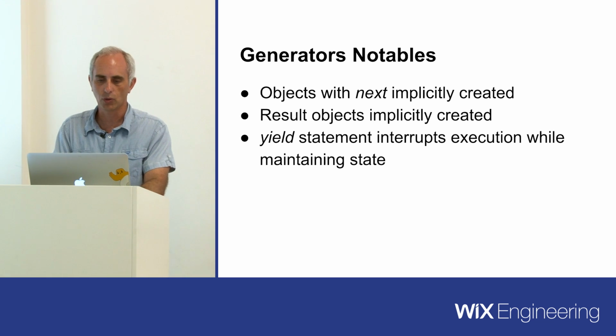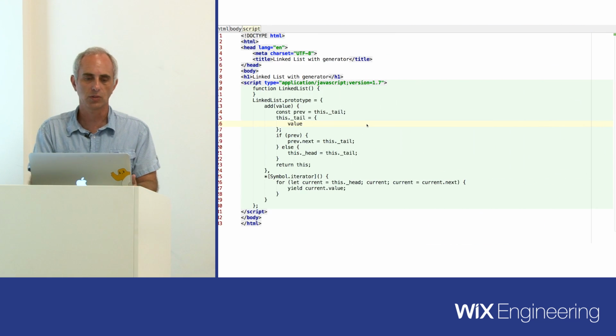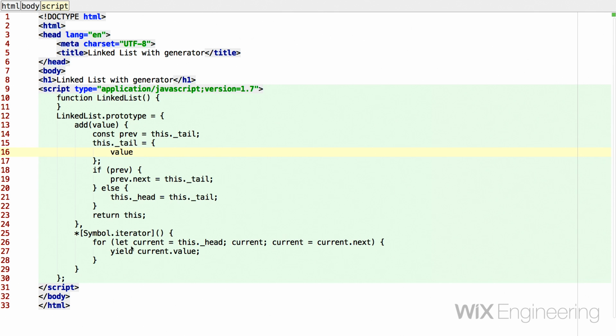So again, if we go back to the example, we'll see that this is precisely how it works. It starts looping over the collection, over the elements in the linked list, reaches the first one, yields it, it gets handed off to the for-of loop, and then when for-of needs another value, instead of starting again from the beginning of the function, it resumes right after that yield with all the variables and all the context that I had before.